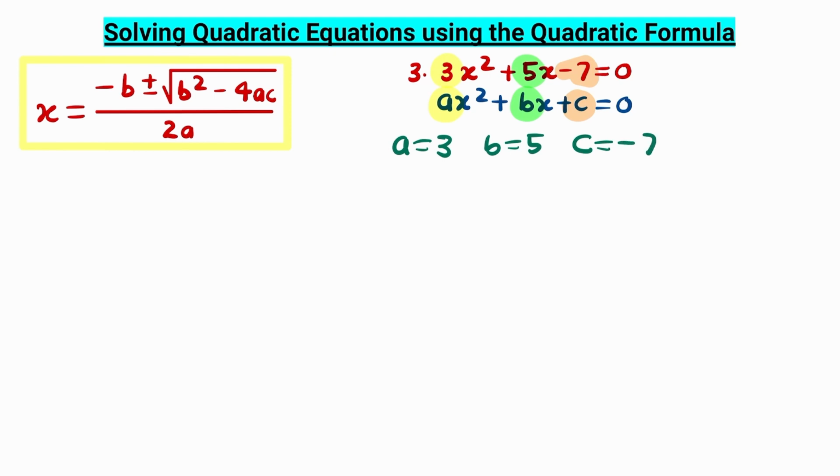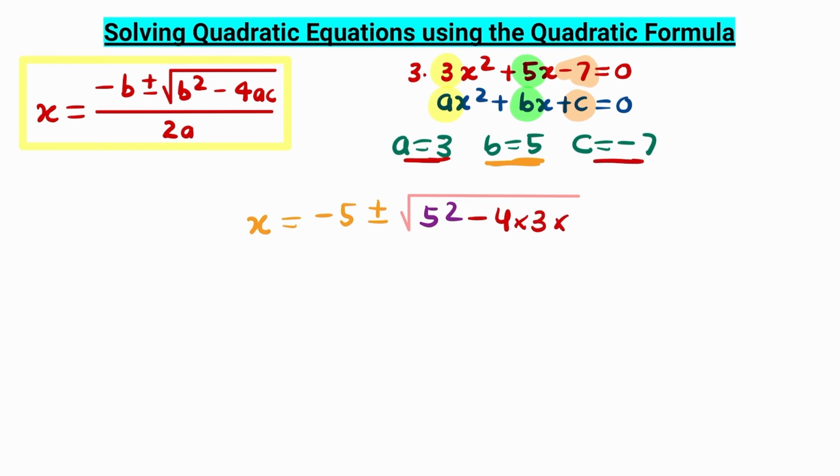Now we can apply these values to the quadratic formula. X equal to negative b means the b value multiplied by minus 1. What is the b value here? It is 5. So negative b is 5 multiplied by minus 1, which is minus 5. Plus or minus the square root of b squared means 5 squared minus 4 times what is the a value? The a value is 3 multiplied by the c value, it is minus 7 over 2 times the a value, which is 3.